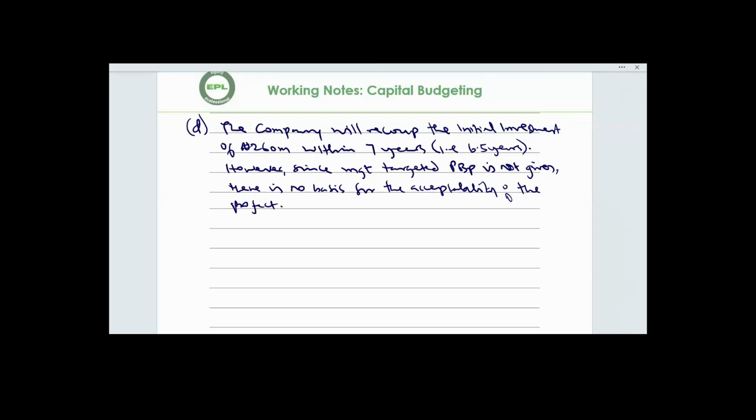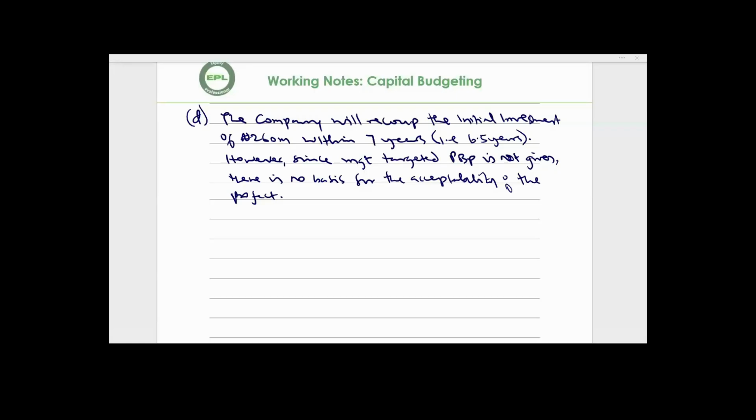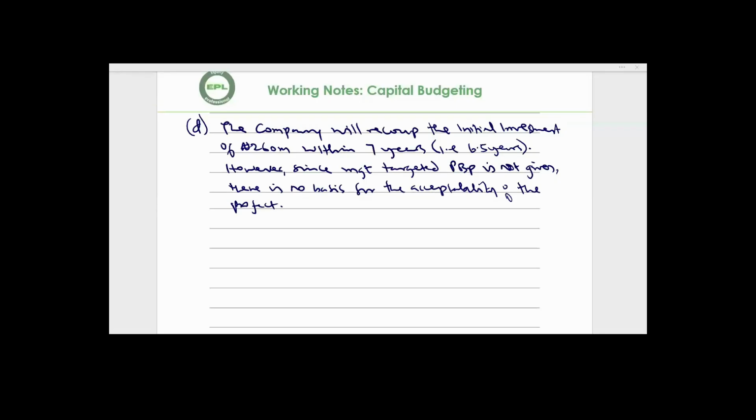Finally, requirement number E, you have to calculate NPV and then internal rate of return. This is straightforward. So number E, Roman figure 1, calculating NPV, net present value. How do you calculate net present value in this case? Very simple. You are not given multiple variables.